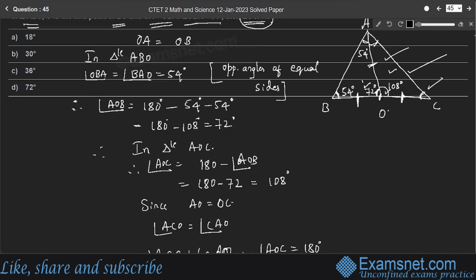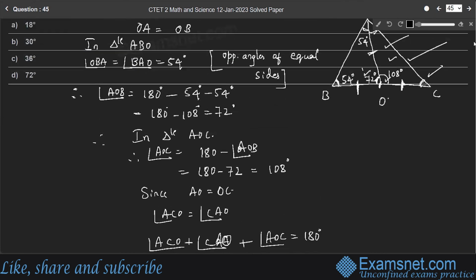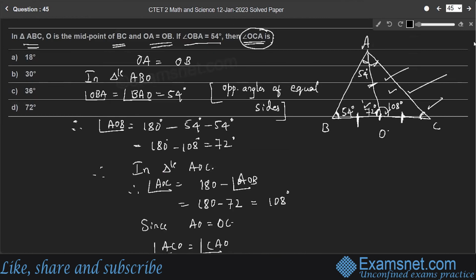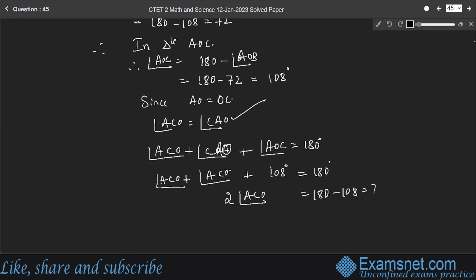Since AOC is 108 degrees, we are going to find ACO or OCA. Angle ACO, and another angle CAO which is also equal to ACO, these two angles are equal. Therefore, 2 times angle ACO is equal to 180 minus 108, which is 72 degrees.